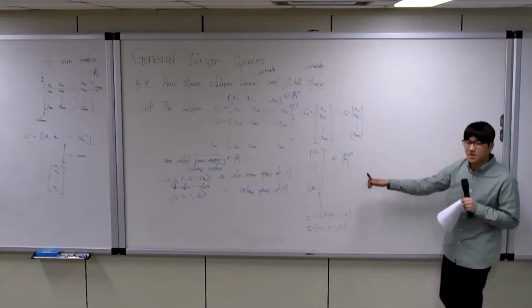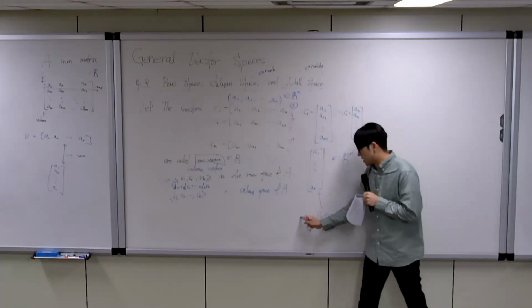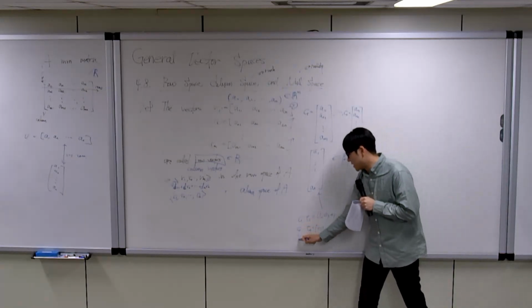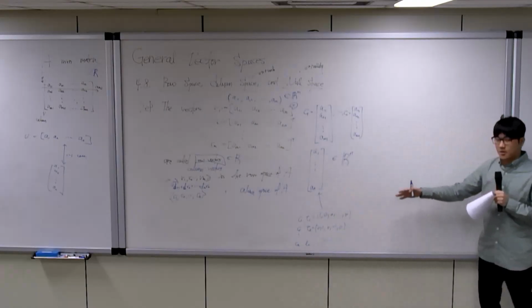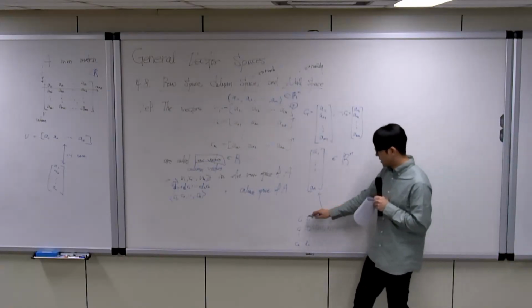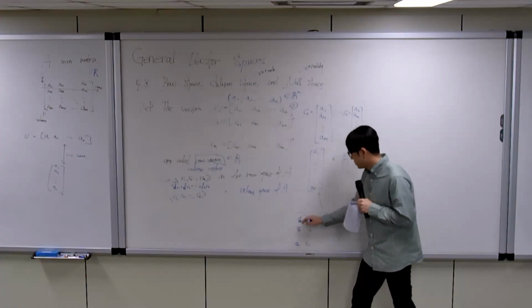We defined these standard vectors, and we consider the coefficients of the basis in the linear combination, A1, A2, through An.